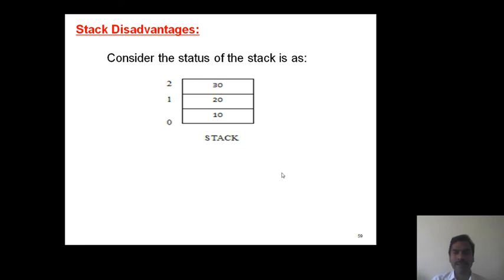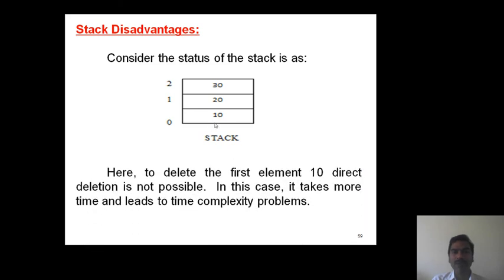At this stage, suppose you want to delete the first inserted element 10, direct deletion is not possible. For this, first we delete 30 and this element is stored in some other variable. Then delete 20, it is stored in some other variable. Now control reaches the required element 10. Now 10 is deleted from the stack.